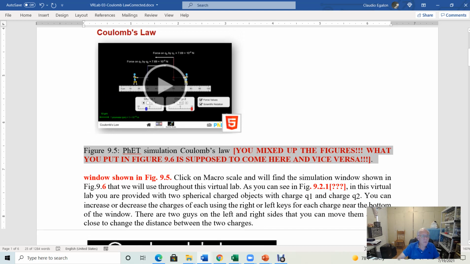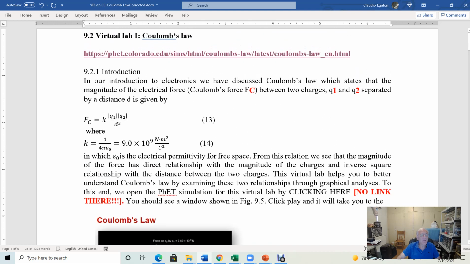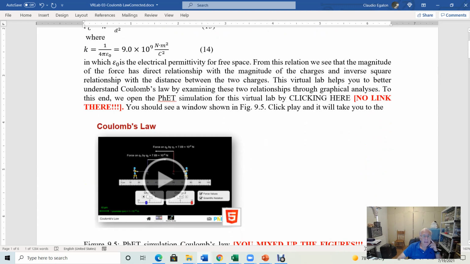What you position is supposed to come here, and vice versa. There's a bunch of mistakes here. I put F sub C to distinguish, because he used F sub C here, you're supposed to be using F sub C here. Charges should be Q1 and Q2. This link doesn't work.